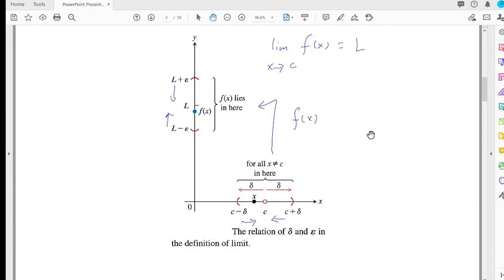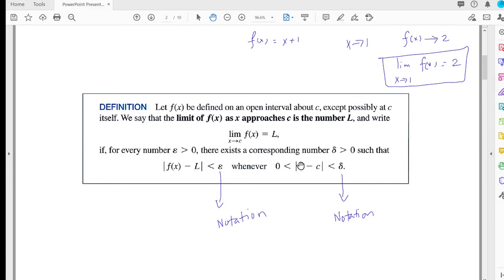For the first time, this definition looks very difficult, and in my experience, most of the students, 95-96% of them, do not feel comfortable using these notations, epsilon and delta.